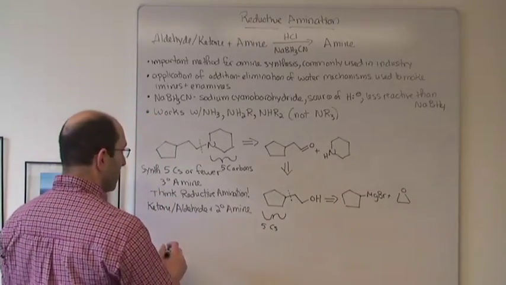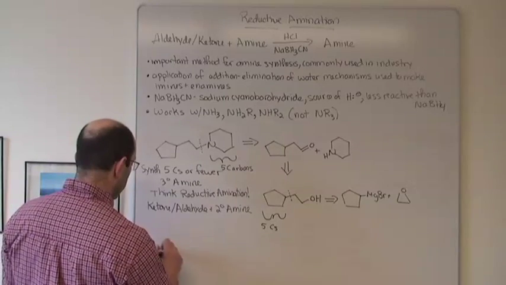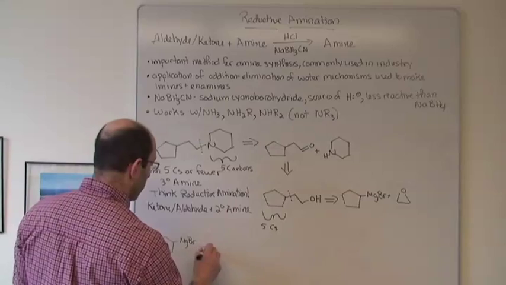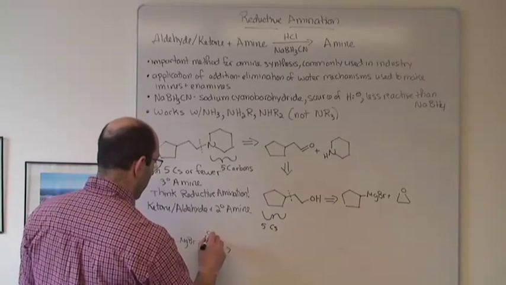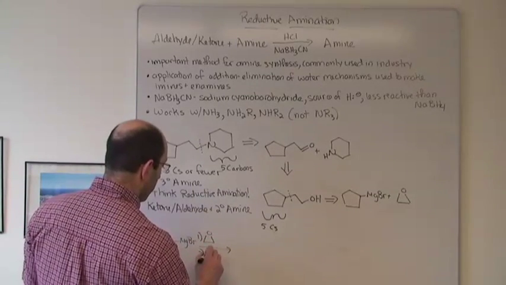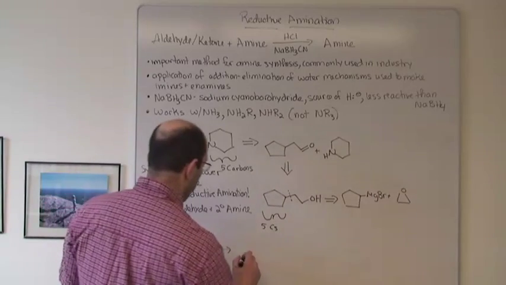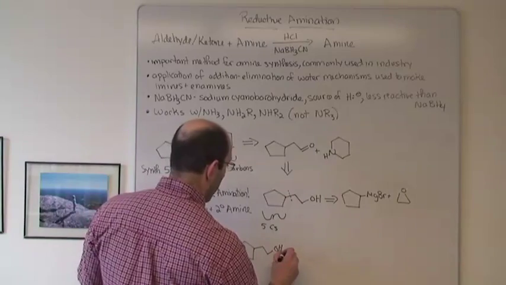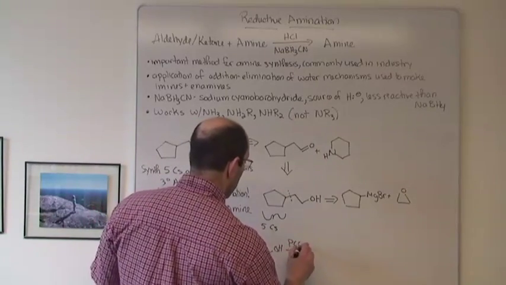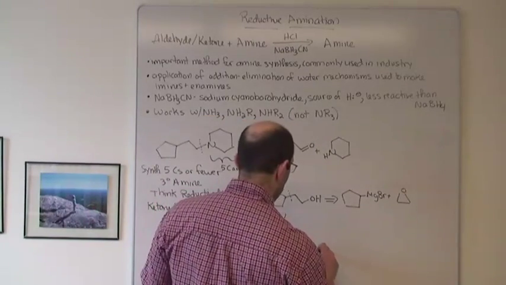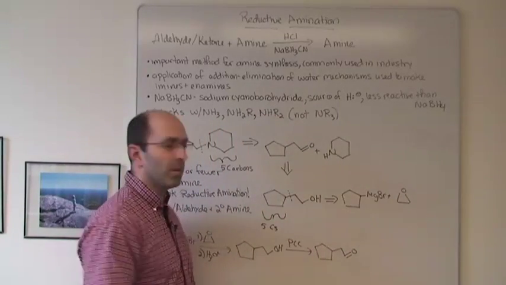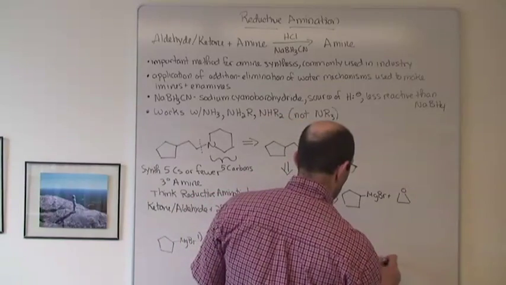So doing the synthesis out, what does it look like? Start with the 5 carbon Grignard, react that with ethylene oxide, then acid quench. That gives you the primary alcohol. PCC yields the aldehyde, and then reductive amination.